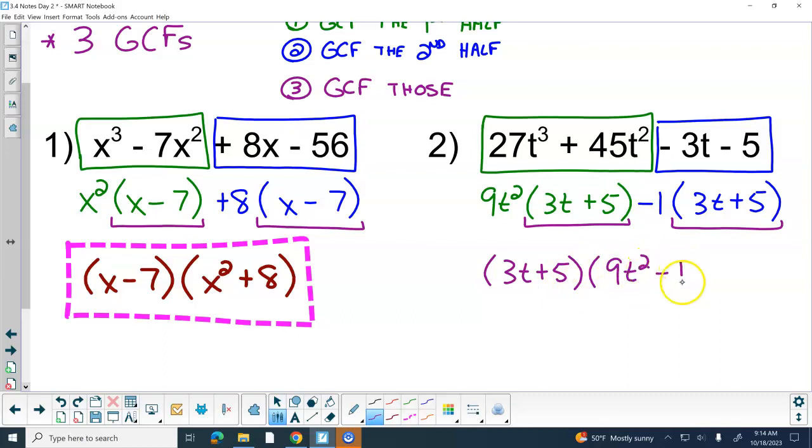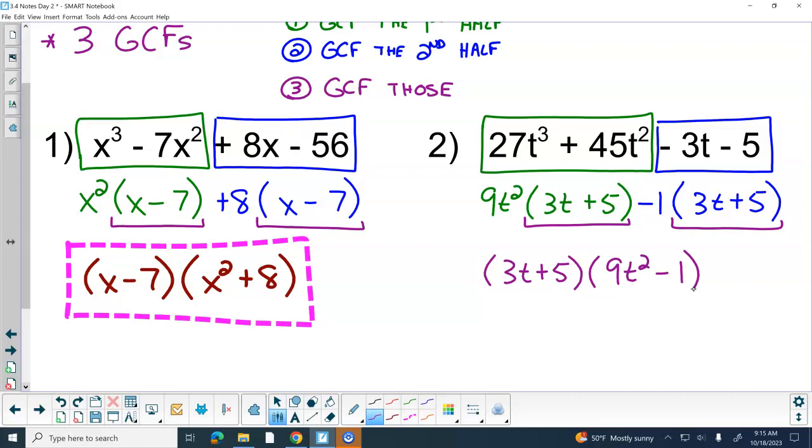9t squared minus 1. Can I factor 3t plus 5 even more? No. Can I factor 9t squared minus 1? Yeah. 9's a perfect square, right? T squared is a perfect square, so 9t squared is a perfect square. We have a subtraction sign.